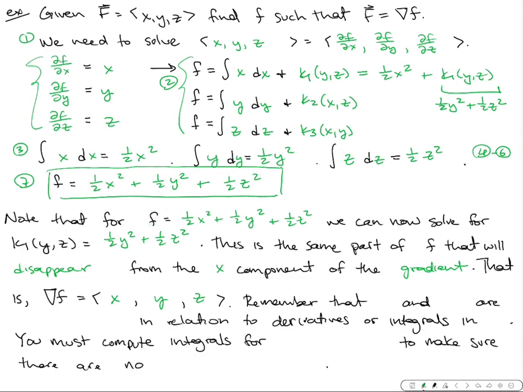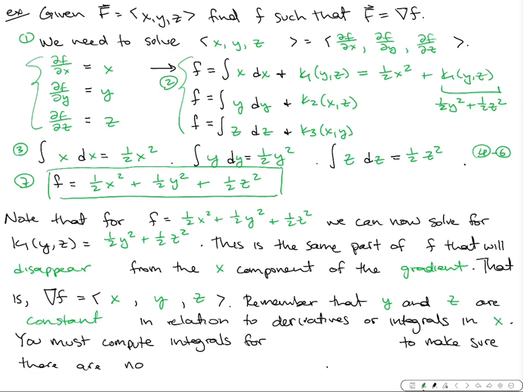And they also don't show up when we integrate x with respect to x. So it's just important to remember when we're working through this process that, for example, y and z are constant in relation to derivatives or integrals that we take in x.